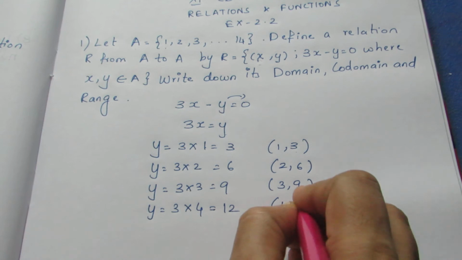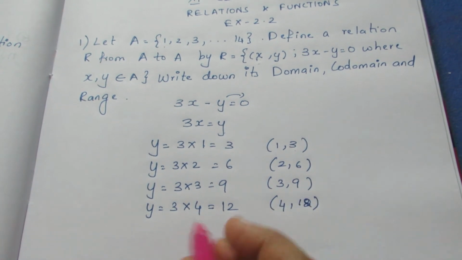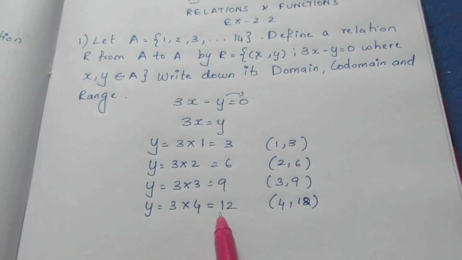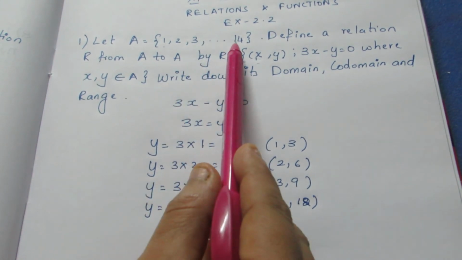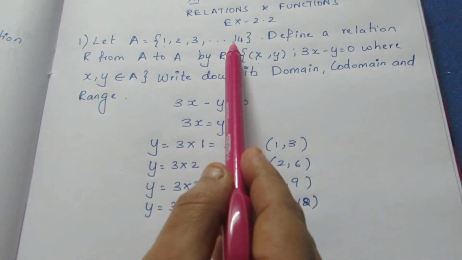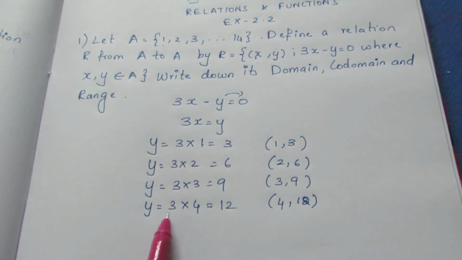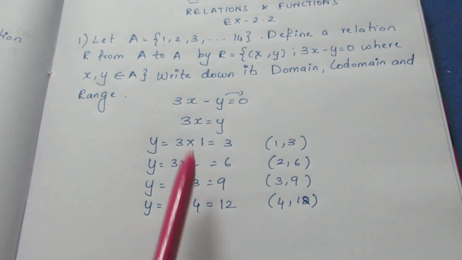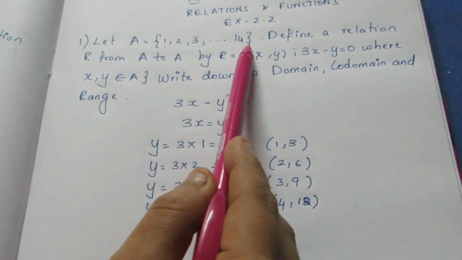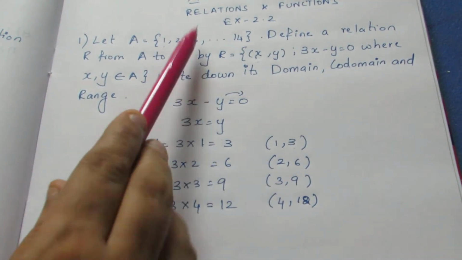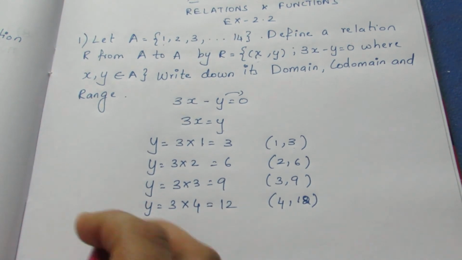So (4, 12). When I substitute 5, I get my y to be 15, which exceeds the elements of A, which is not in the elements of A. So I can't substitute 5 to find y because y belongs to A. So the element should be in the set A. As 15 is not here, I can't substitute 5.